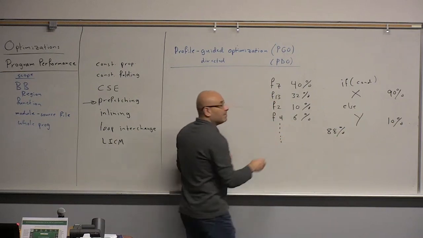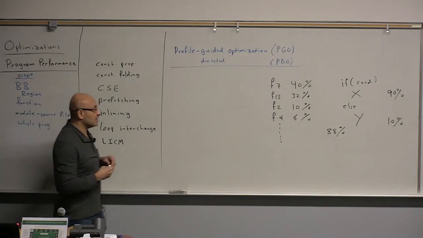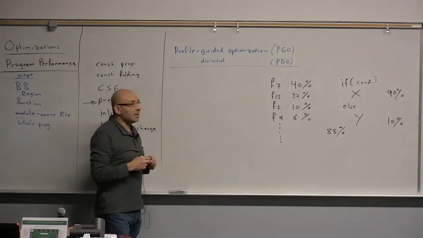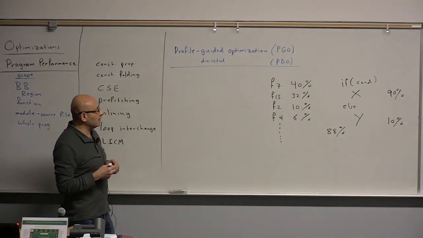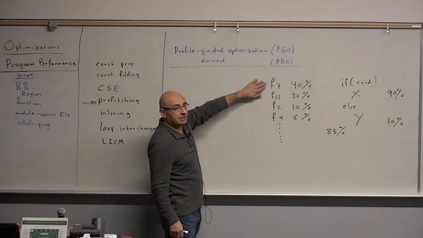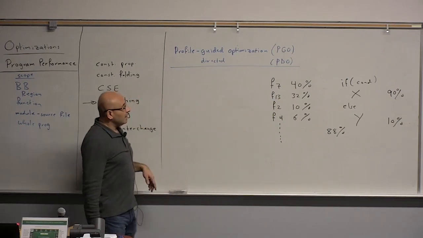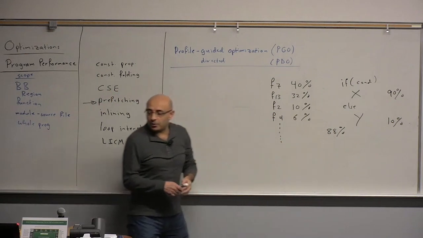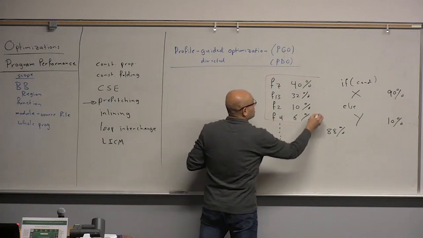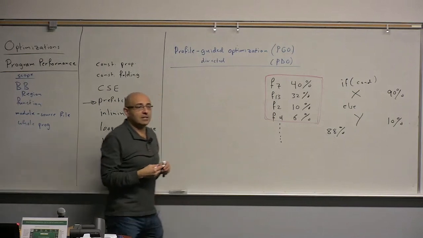The program may have 1,000 functions, but we ran the program, and the profiler collected statistics, and it told us that 40% of the execution time is spent in F7, 32% in F13. This tells us that 88% of the program's execution time is in these 4 functions. So if I'm interested in optimizing the performance of this program, then I should focus on these 4 functions.